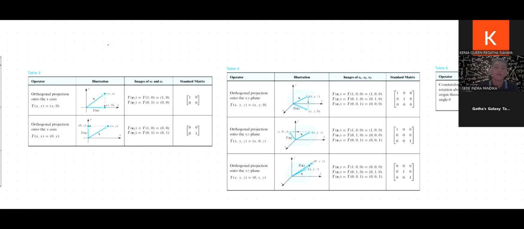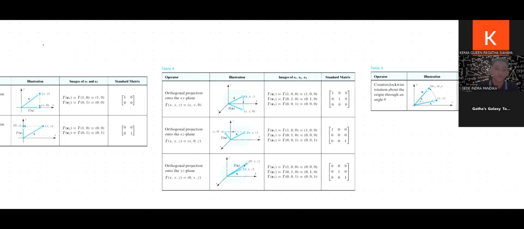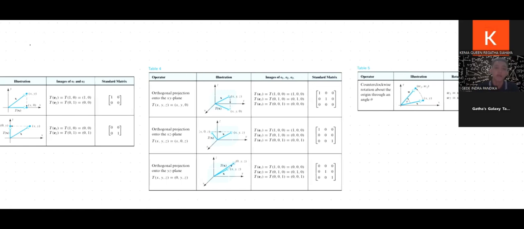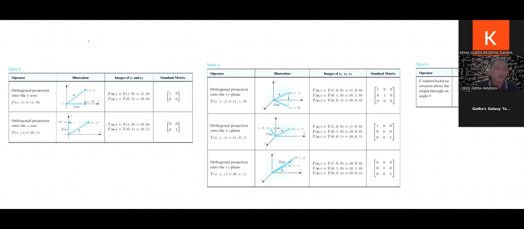So in E1 we have the value 1 and 0, and E2 is 0, 0. So the standard matrix will be 1, 0, and 0, 0. And then the second is orthogonal projection onto the y-axis.